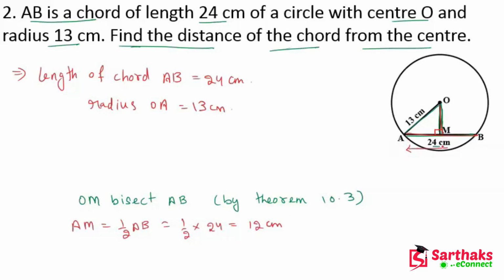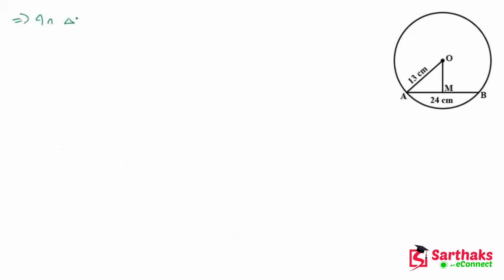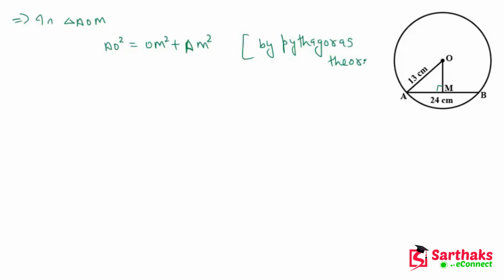So AM is 12 centimeter. In triangle AOM, this is perpendicular, so by the Pythagoras theorem we can write AO square is equal to OM square plus AM square. Hypotenuse square is equal to perpendicular square plus base square.